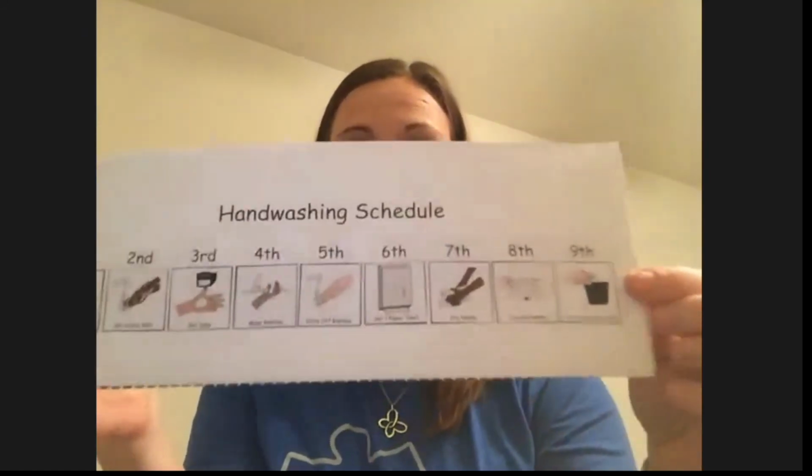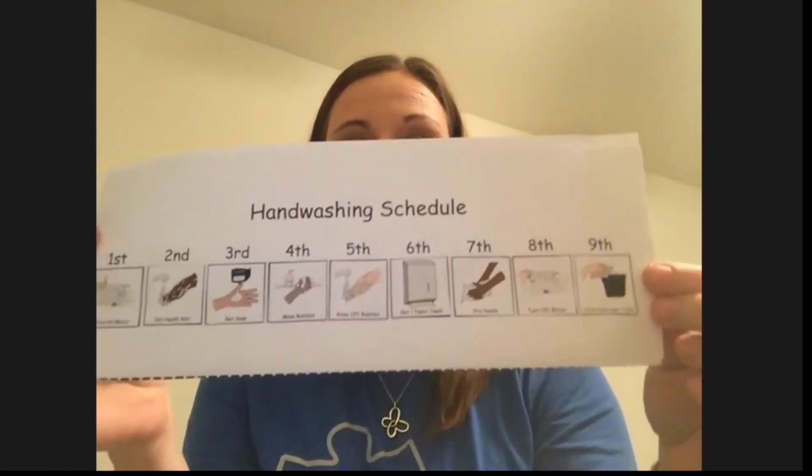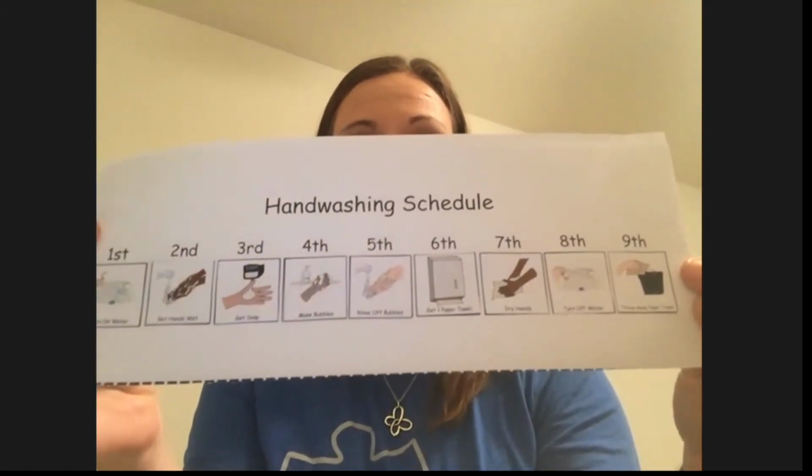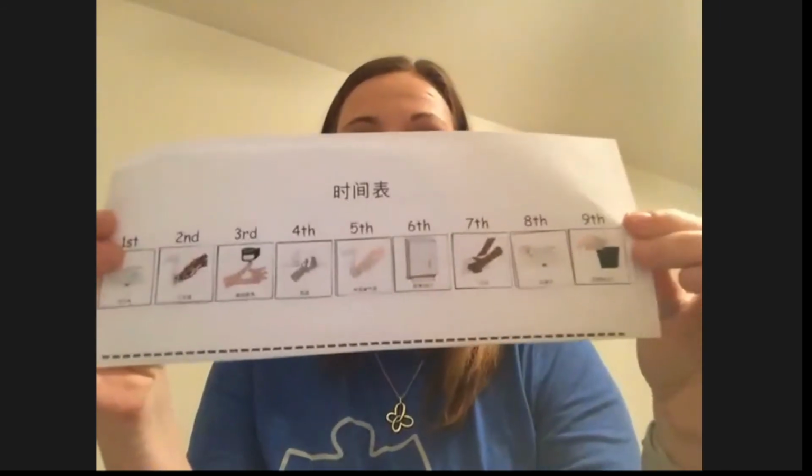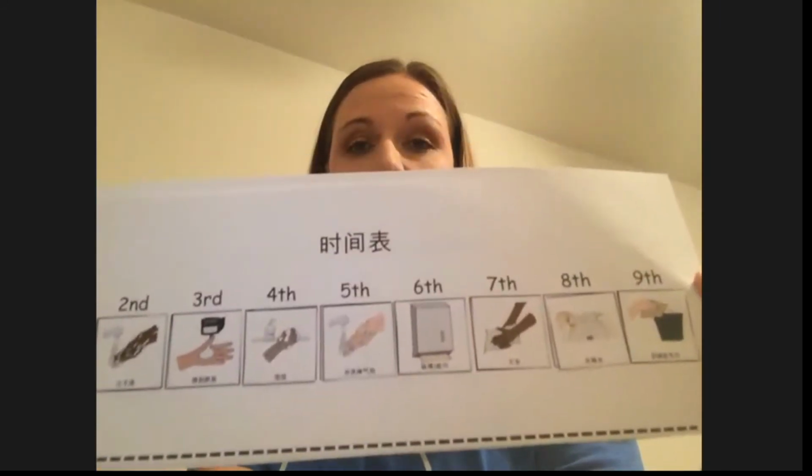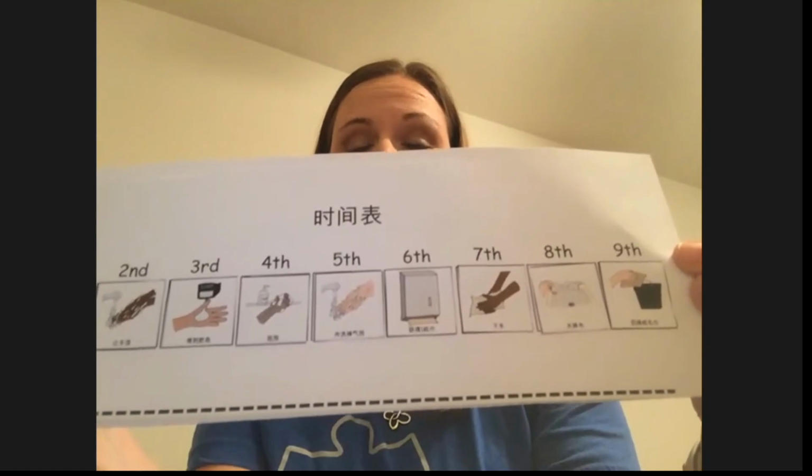And it is super accurate. I had someone who is bilingual check it, and they said it was perfect. I love using that. And also on the same note, some of my students may need different kinds of schedules. This one is a hand washing schedule. So I have this in English, but then on the other side, I have it translated into the simplified Chinese.